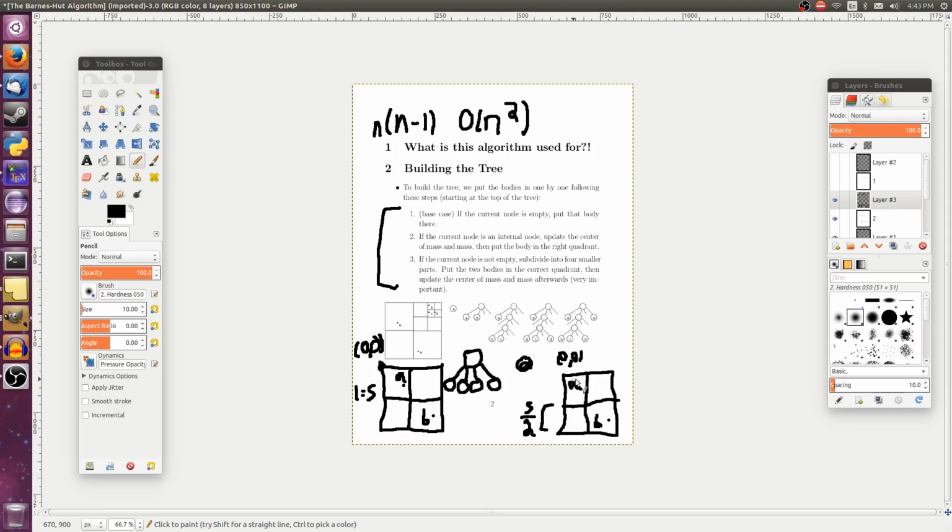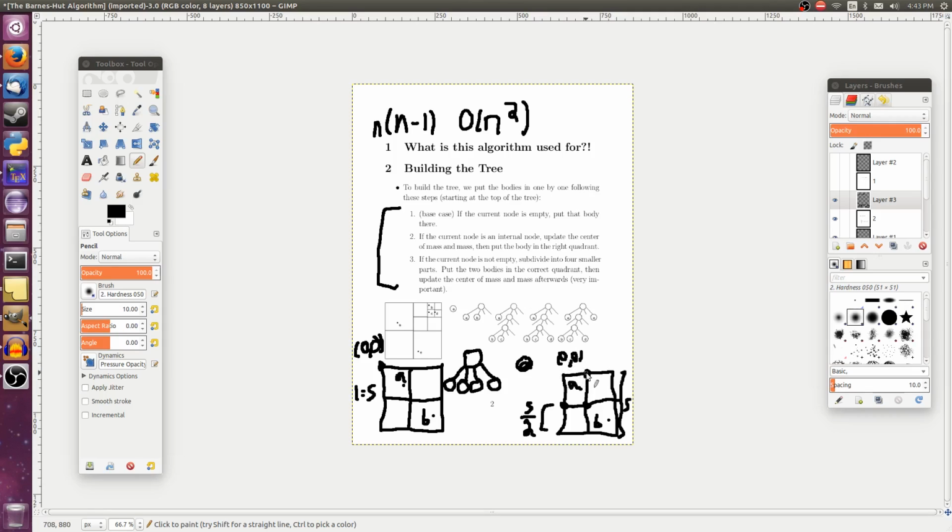And then we'll be able to specify the absolute location, of that top left corner of each child, by using the previous information that we had, because we previously said the side length was s. So if we're going to subdivide, each square is going to have side length s over 2.